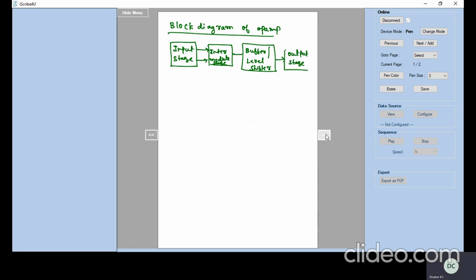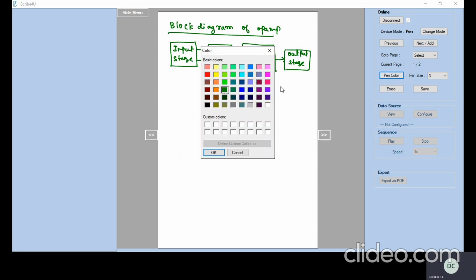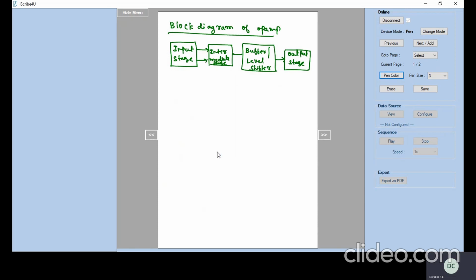As we have discussed, the operational amplifier has 2 input terminals and 1 output terminal. The 2 input terminals are the inverting and the non-inverting input. The input stage is a dual input balanced output differential amplifier. The intermediate stage is a dual input unbalanced output differential amplifier.